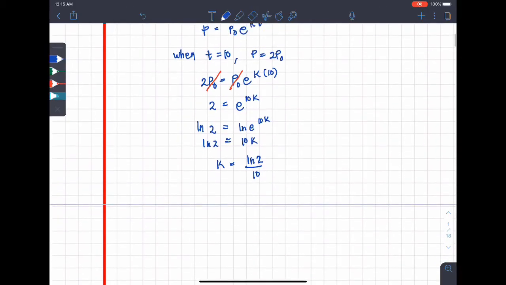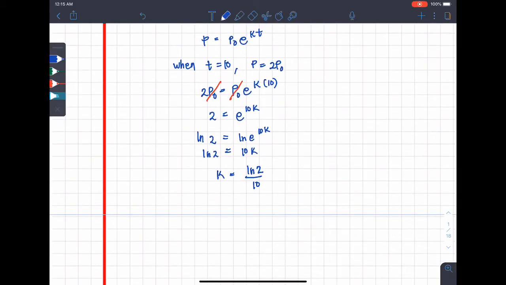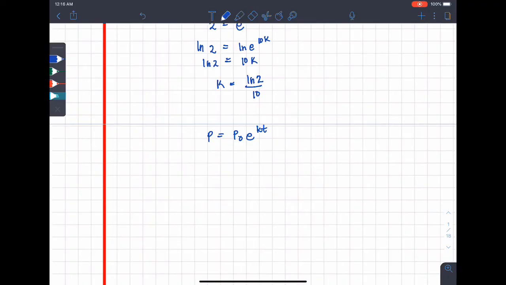And then using our derived formula, that P is equal to P sub 0 e raised to kt, we can now have our new formula, that the population at any instant of time is equal to the initial population multiplied with e raised to t ln 2 all over 10.